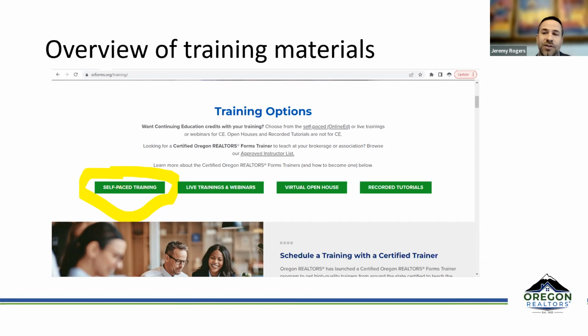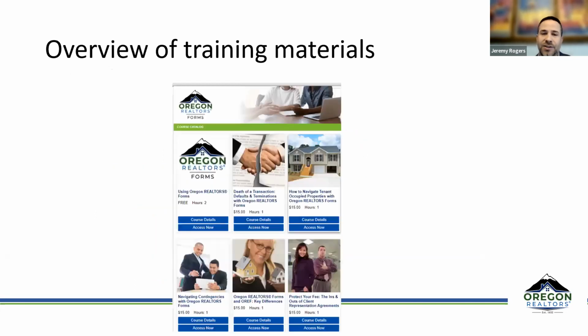It may take a week or so to get it up there. But if you've missed any of these live trainings and you'd like to take them for CE credit, you would use our self-paced training tab. Here's what that looks like here. There is typically a cost of $15 for the CE credit for those courses, although the Using Oregon Realtors Forms training, which is our baseline level training on the residential agreement, is a free course.